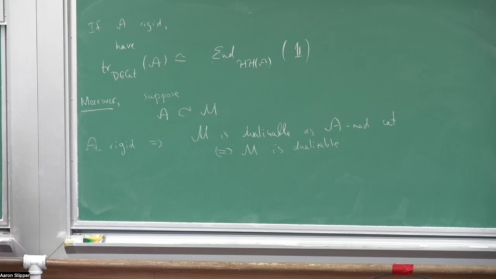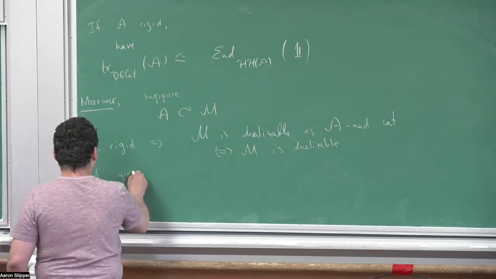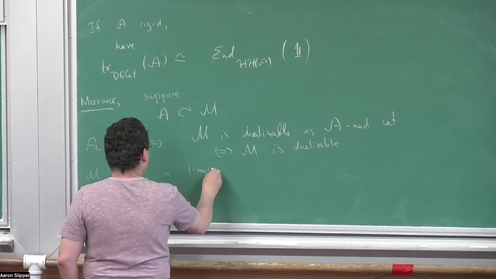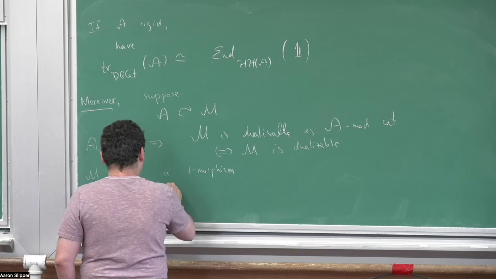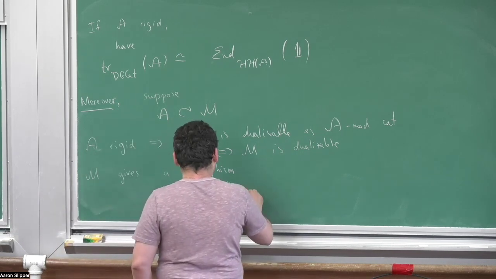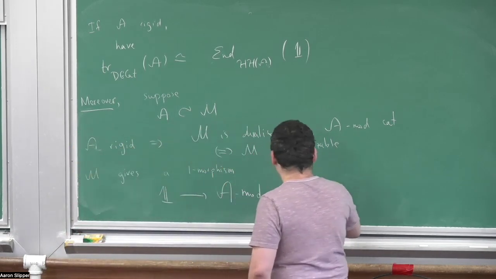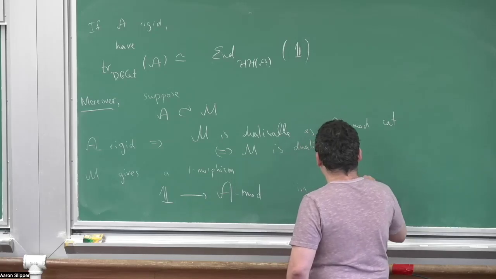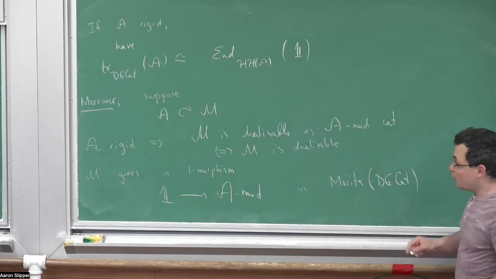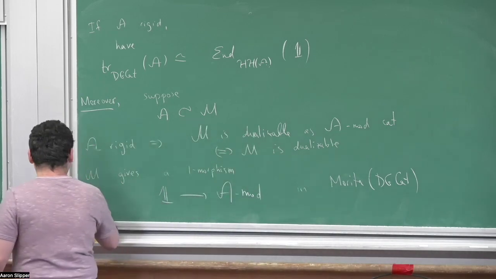And so M gives a one morphism from the unit into, let me call it, A mod, in this Morita category. And so we can take its trace class.